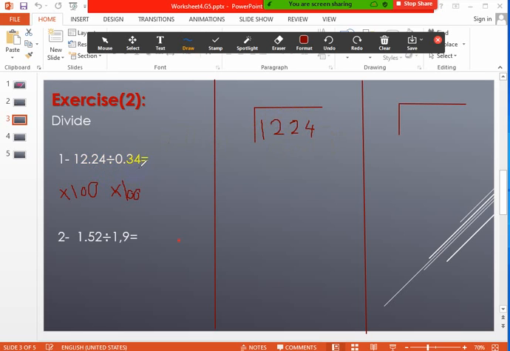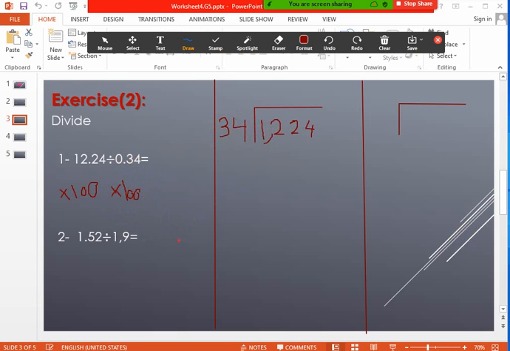Now 0.34, it will be what? If I multiply it by 100, it will be what? 34. Just 34. Now, thank you, Aryaf.